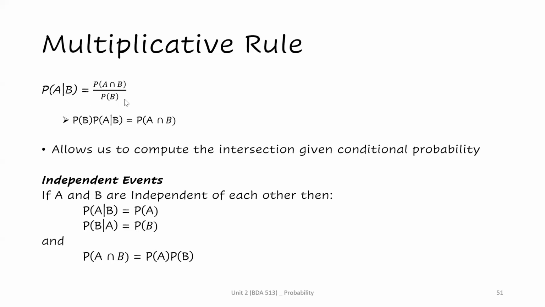If you do a cross multiplication, you're going to have the probability of B multiplying the probability of A given B is equal to the intersection of A and B. So which means that if you want to find the intersection of A and B, it's the same as the conditional probability of A given B times the probability of B. So when you know the conditional probability of something and then the probability of the second event, you'll be able to know the intersection of both events. Because we're just moving the formulas around.